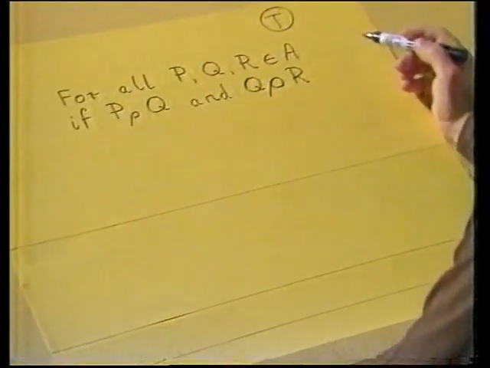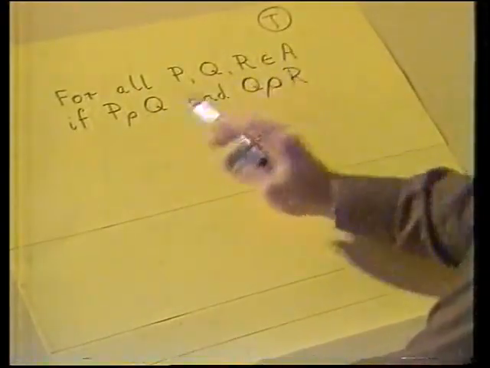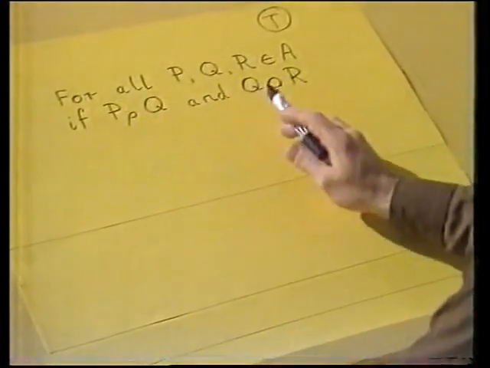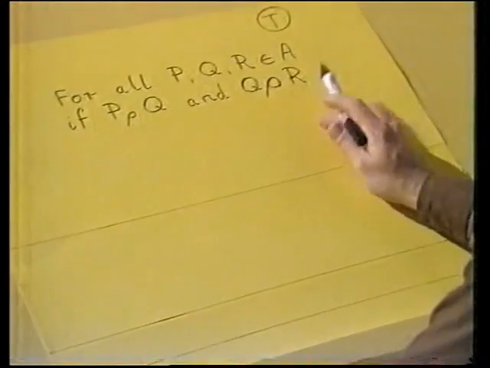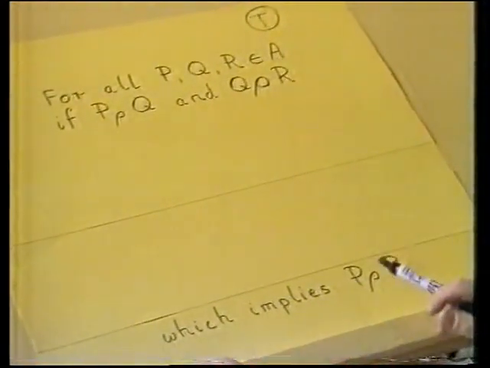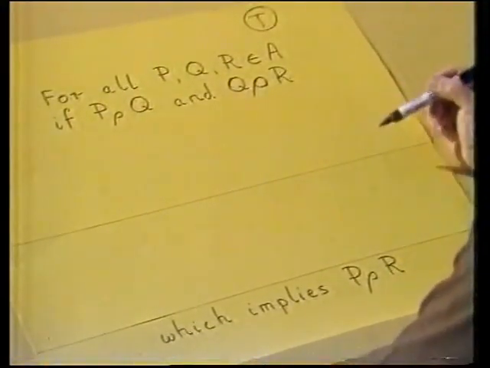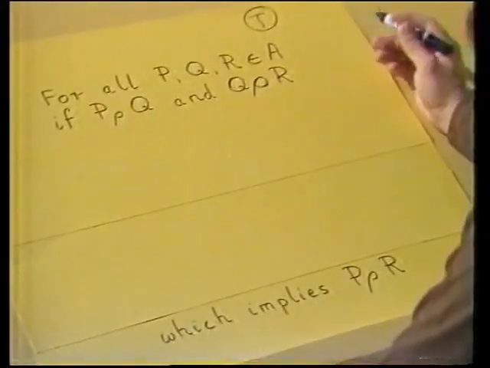Now I must start by saying for all points P, Q and R in our set, if P is related to Q and Q is related to R. And I must end with the line which implies that P is related to R. Now again, to fill in the gap, I use the definition of the relation.